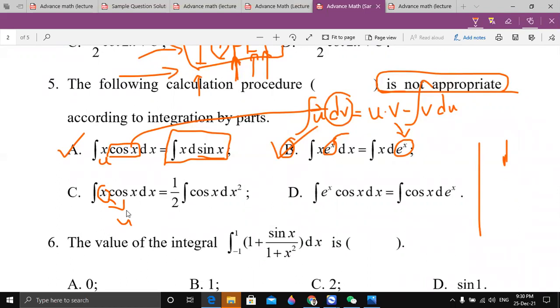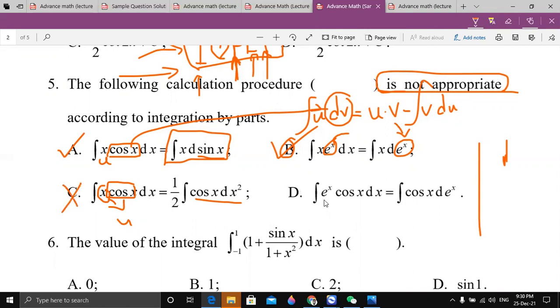If I let x is equal to u, then for cos x I have to find the integral of cos x. The integral of cos x will be sin x. So here they had to write sin x, but they have written cos dx square. That means this one is not correct.